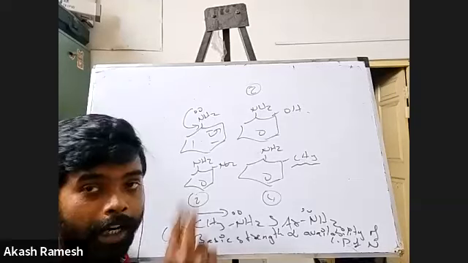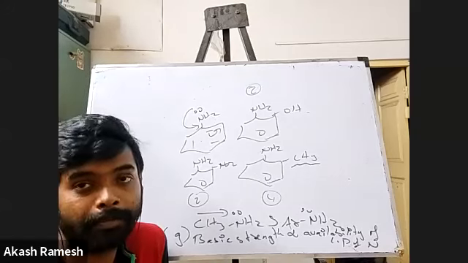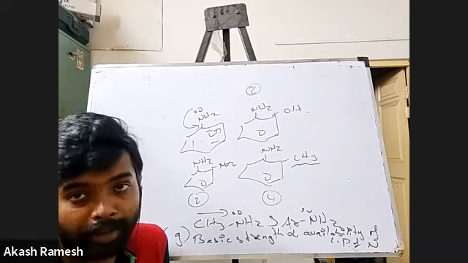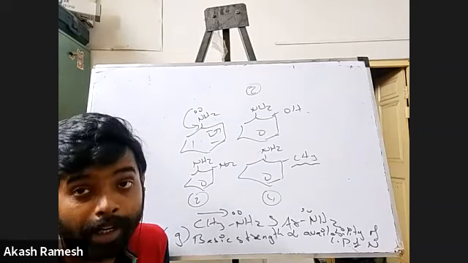CH3 is electron donating by two effects. What are those effects? Okay, inductive effect, and then one more. Anybody else knows? One is inductive effect. What is the other effect by which it is electron donating in nature?